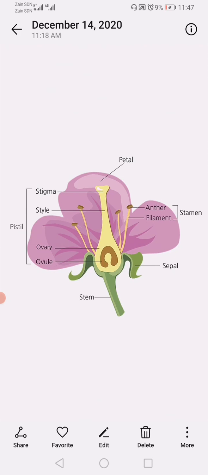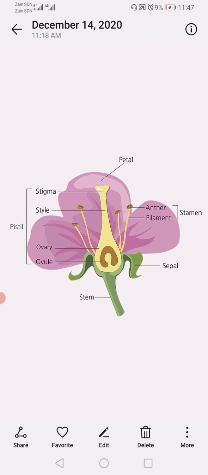If you focus on this picture, we have symmetrical parts on each side. These represent the male part, and it consists of the anther and filament.